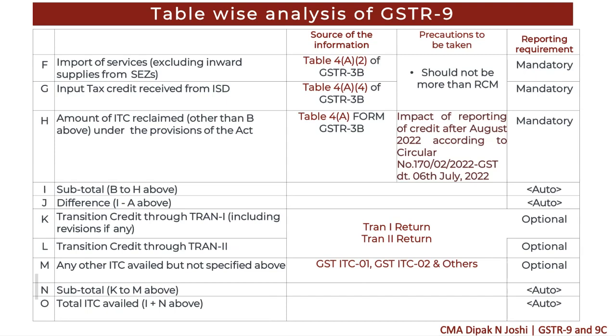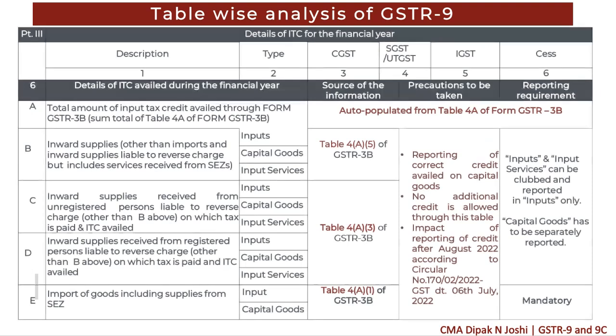In 6F, import of service. In 6G, credit received from ISD. In 6H, other ITC which is reclaimed. Now, if you see the source of the information, it is table 4 of GSTR 3B.